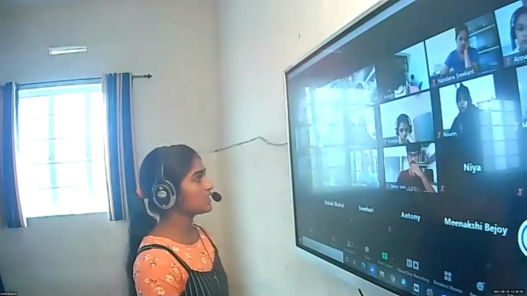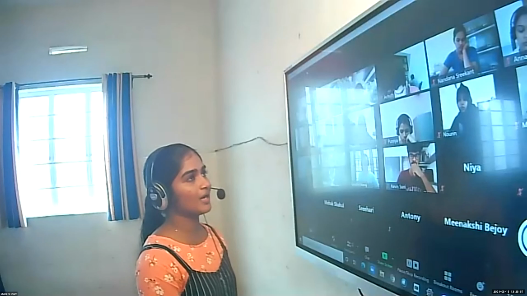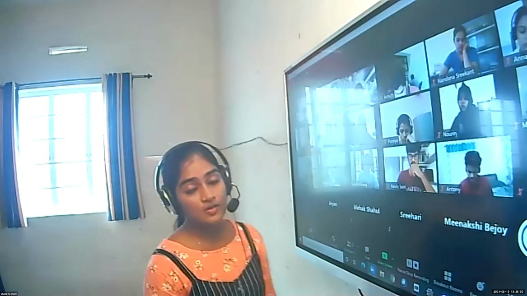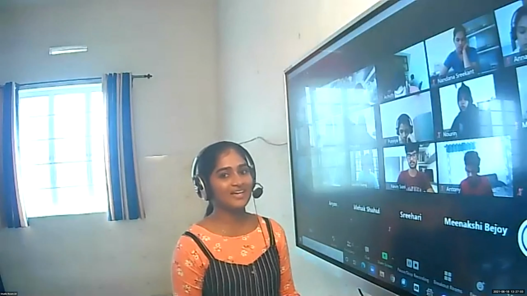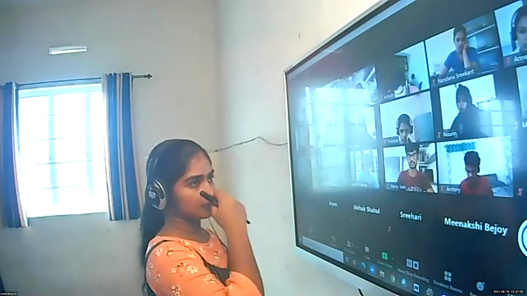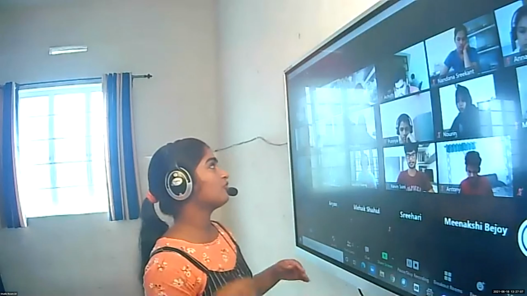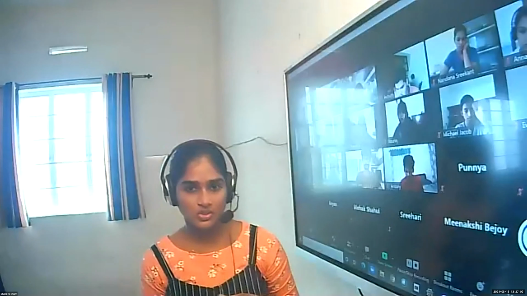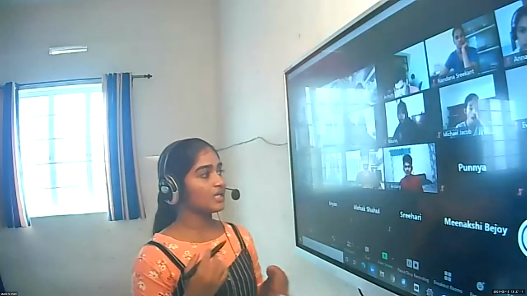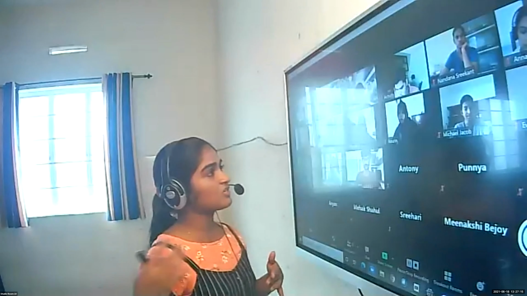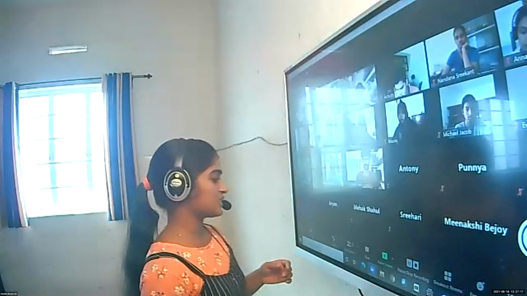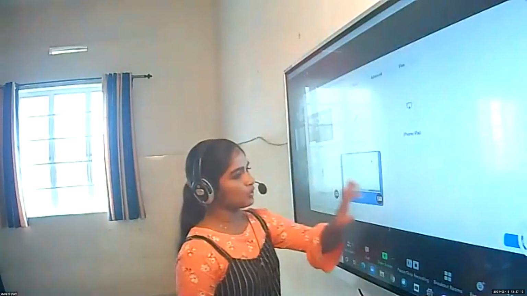The resistance of a substance is directly proportional to the length of that substance and inversely proportional to the area of cross section. What do you mean by directly proportional? That means if length increases, the resistance also increases. And inversely proportional means just opposite to each other. If one increases, the other one decreases.